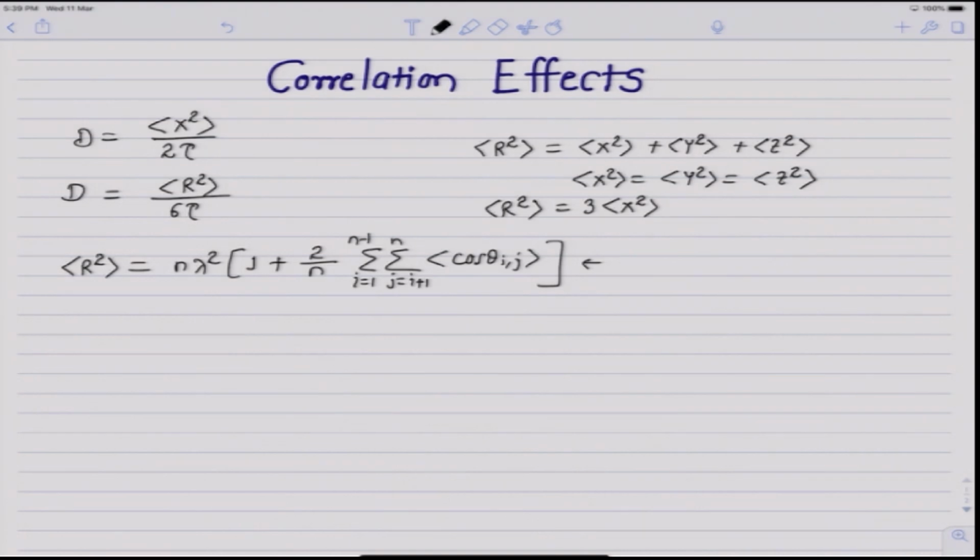If the jumps are truly random, then we have seen the average of cos theta ij here is 0, and so we get the expression as average r square equal to n lambda square.